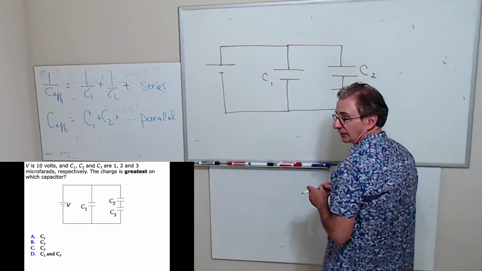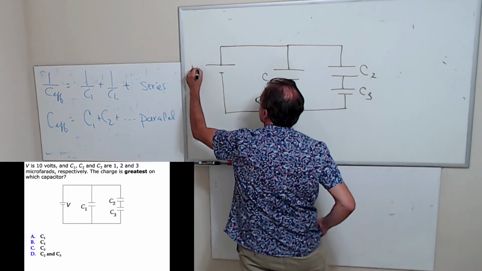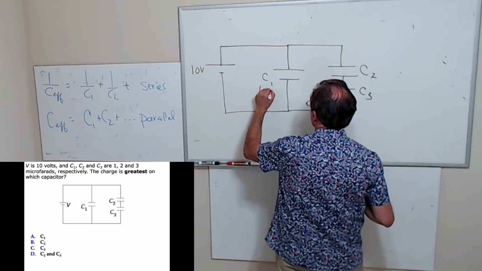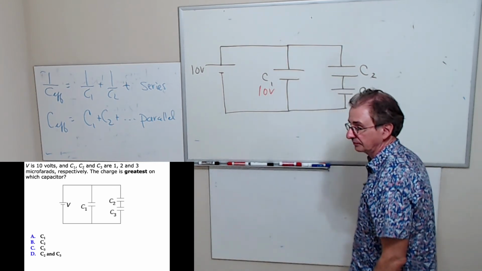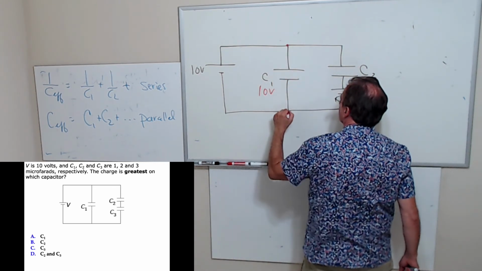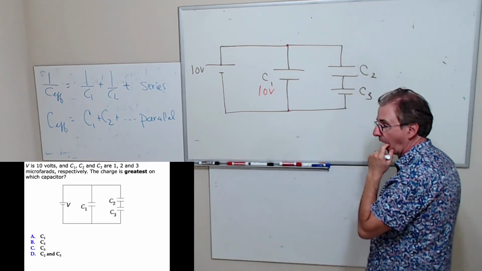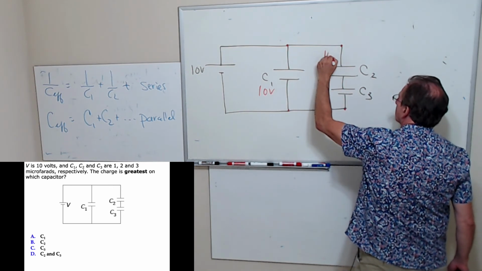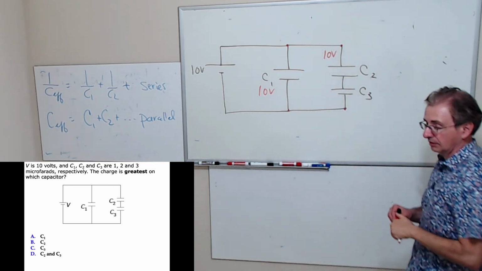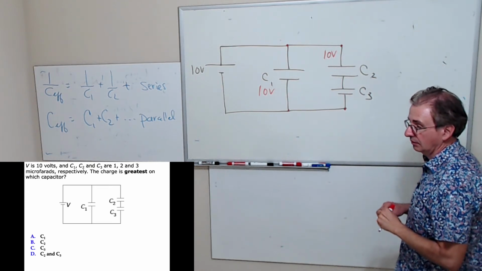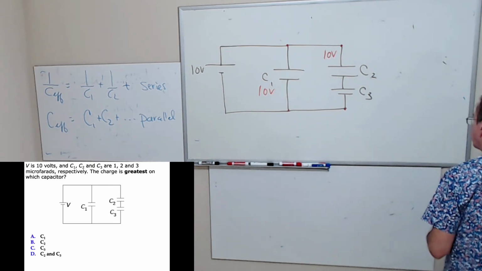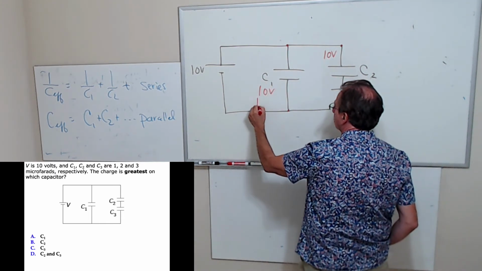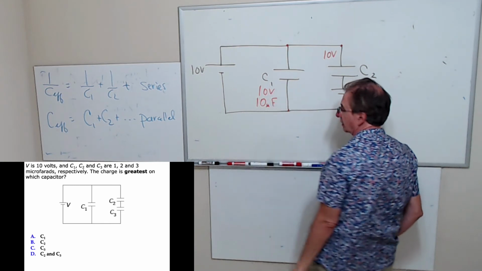So the next thing is, I know that if this is 10 volts, the voltage across this one is also 10 volts. Why? Because it's in parallel. What about here? What do I do? Well, the voltage across here is 10 volts. Now, the charge on this one is going to be 10 microcoulombs, right?